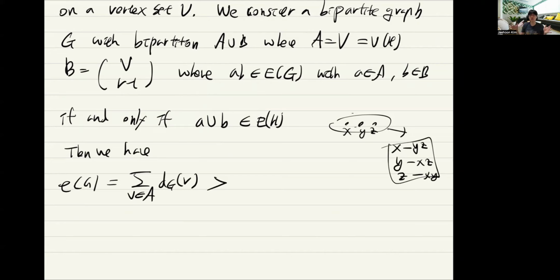In general, if you have an R-uniform hypergraph, this gives you R edges. So this is R times e, the number of edges.